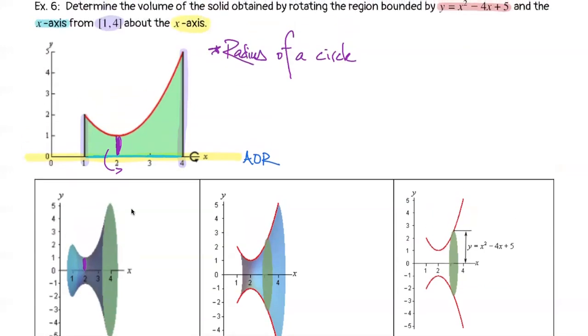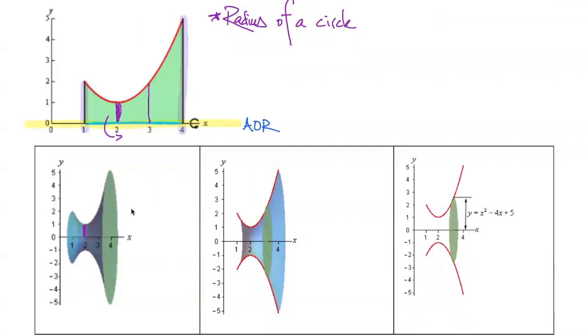If I drew another line, let's say over at 3, that would represent the radius of the circle at 3. And we can look at the second diagram down here and notice that purple line is the same as the second purple line I drew. And we can see here that they've actually drawn in the whole circle for us.